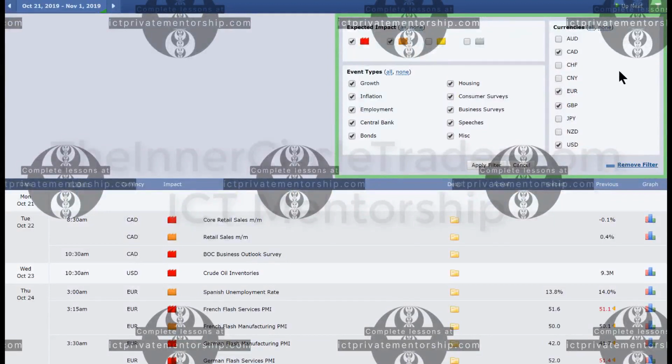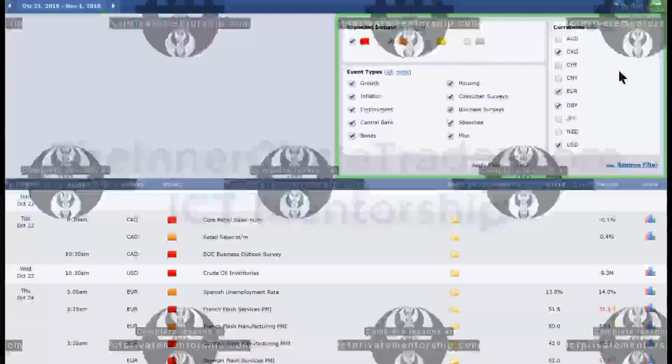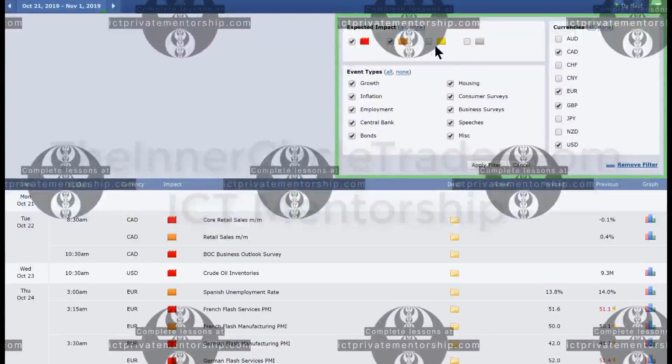With that said, I want you to be aware that when I'm usually doing the analysis for the weekend edition, whether it's a Friday edition or like today, 9:30 in the morning my local time, Saturday, I will always toggle both the low impact and the non-economic calendar filters. I want to see if there's anything that's going to be salient, anything important. And if there's not, then I'm not mentioning it.